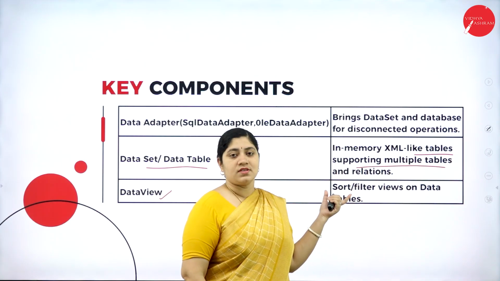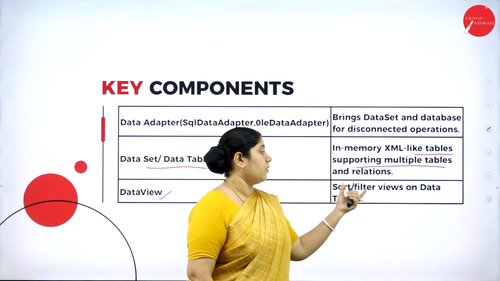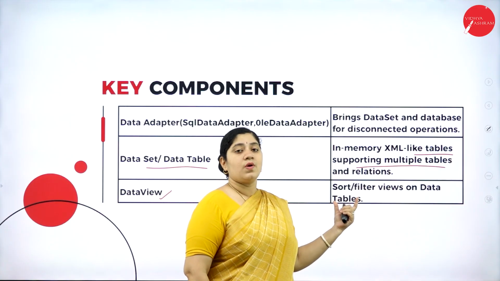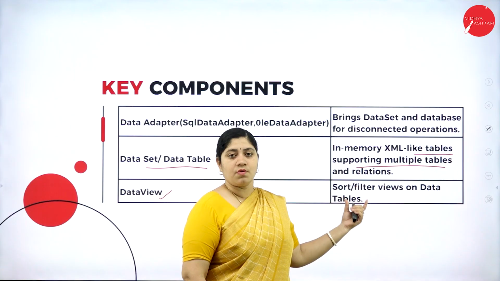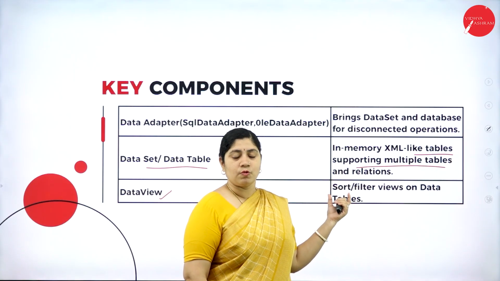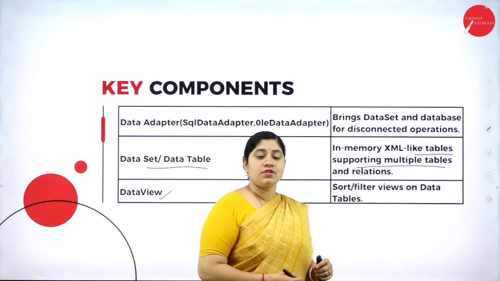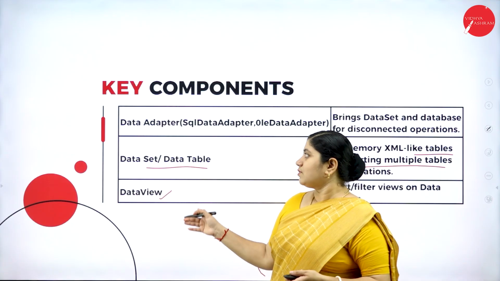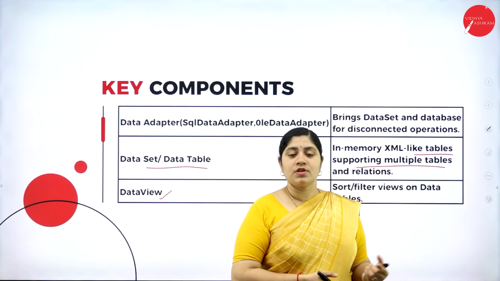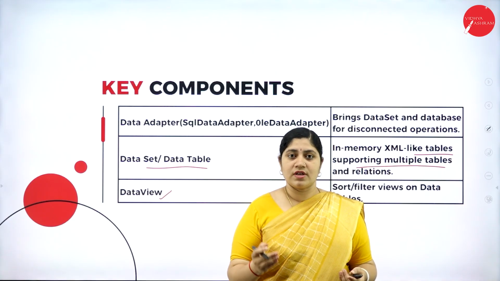It can either sort or filter views on the data tables. So whatever we want to do, we can go ahead by using this DataView because it is utilized in order to view the information on the data. So these are a few components as well as a description of what exactly each is utilized for.